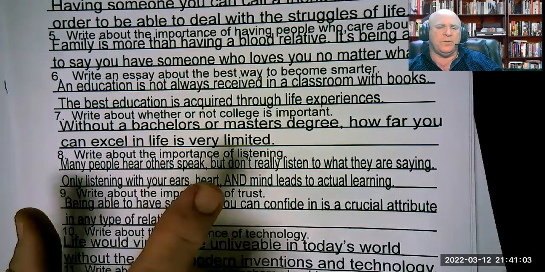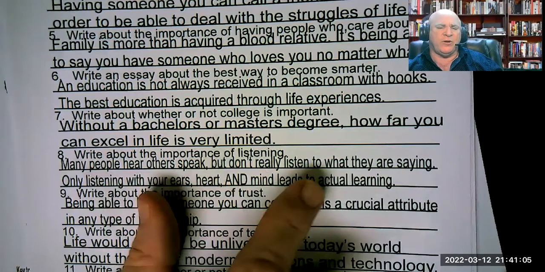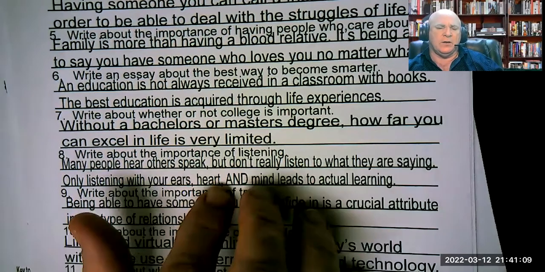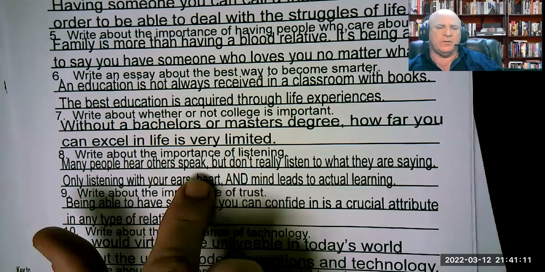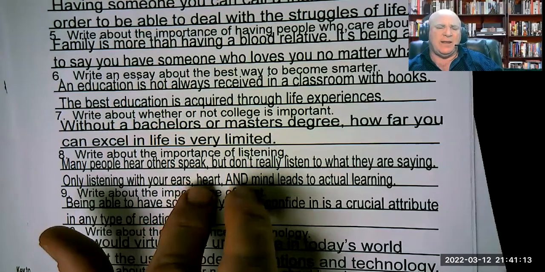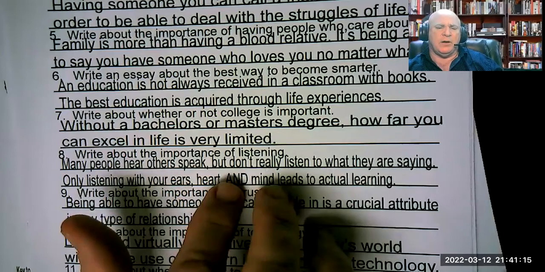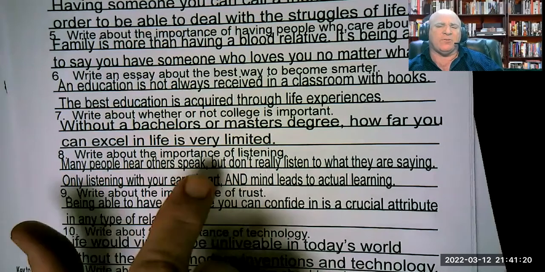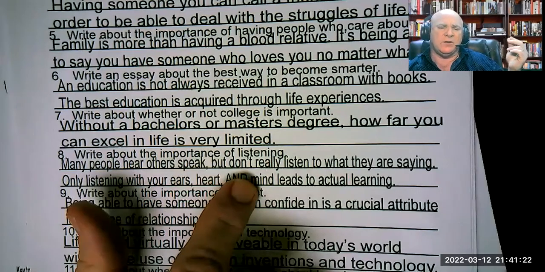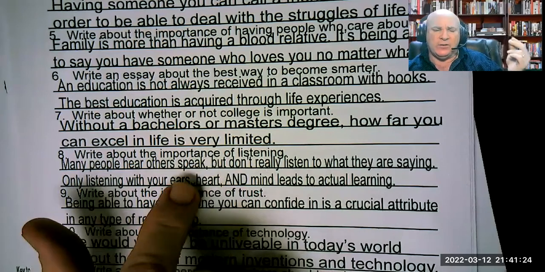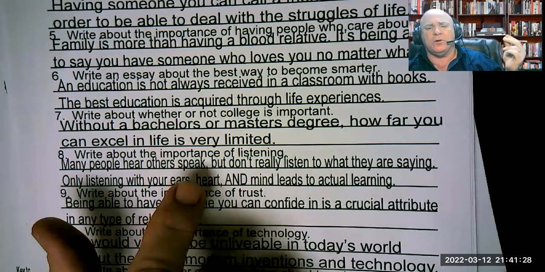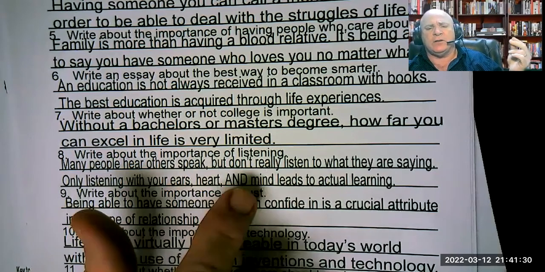So here's the compositional risk, because I've noticed that some of you are having your kids give like 2 ideas as part of their thesis. So if I'm saying that I have to listen with my ears, my heart, and my mind as my thesis, that means in the body, I'm going to have to show you how listening with your ears, how listening with your heart, and with your mind all are important and are going to create learning.